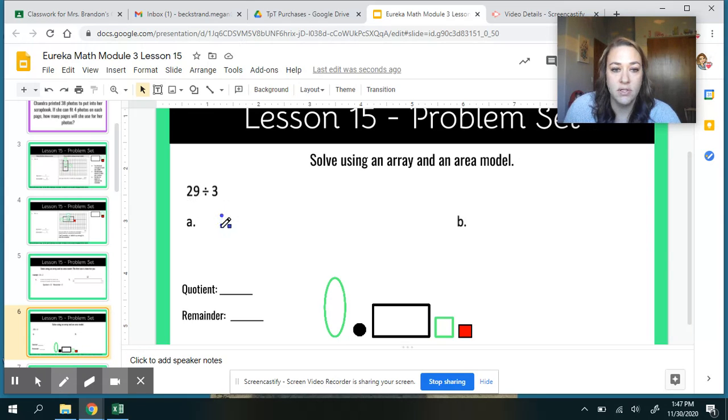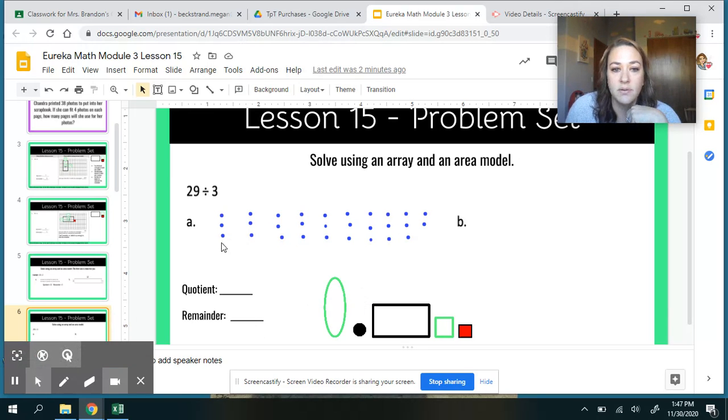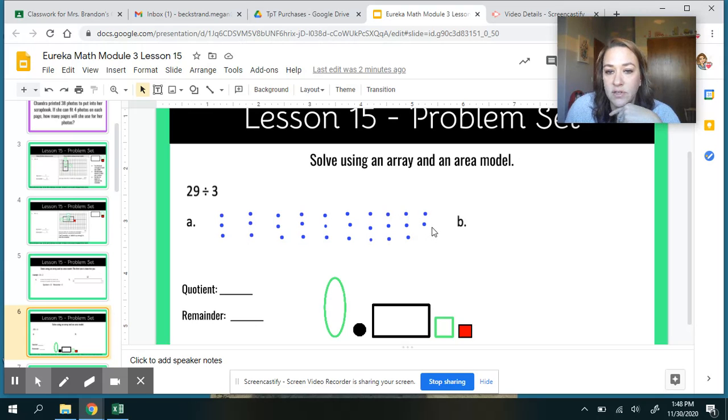So here's 1, 2, 3, up through 29. So how many groups were we able to make? There's 1, 2, 3, 4, 5, 6, 7, 8, 9, with a remainder of 2.